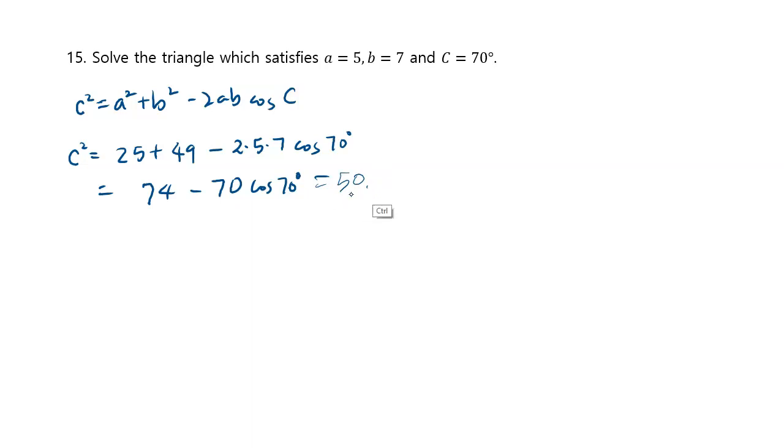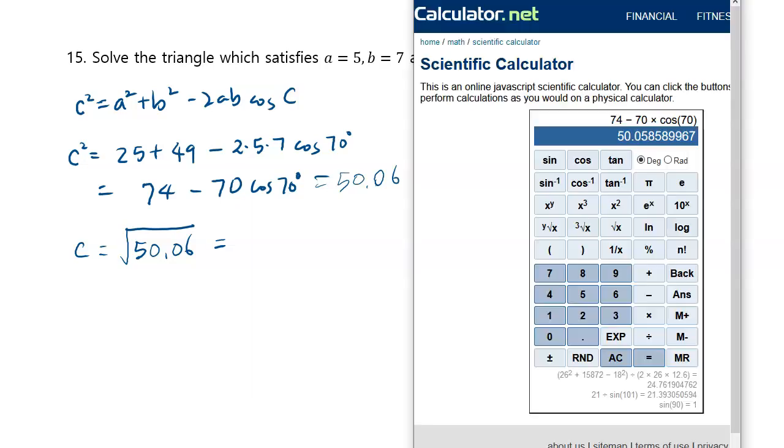And therefore C must be the square root of that. You don't have to put plus minus because this is the length. And what's that? That is 7 point something. Square root of 50.06 is 7.075.